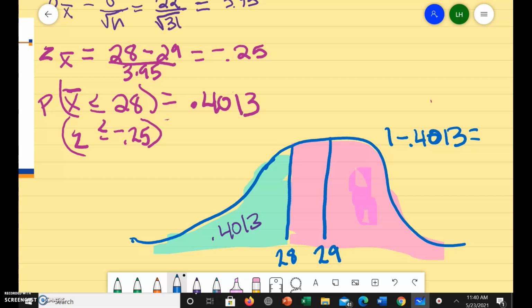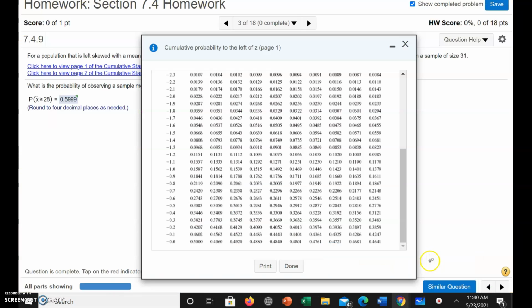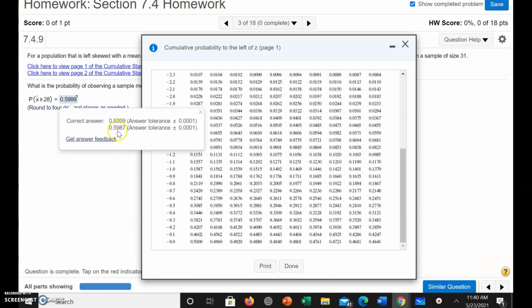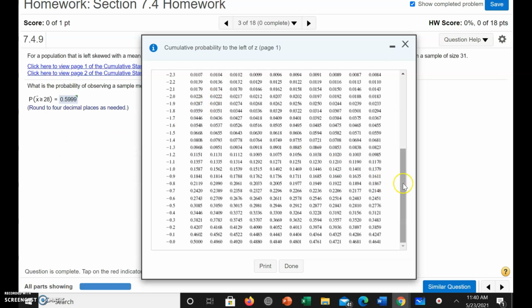This is called the complement rule. So when you do 1 minus 0.4013, you get 0.5987. So 0.5987 is one of the correct answers here that is acceptable.